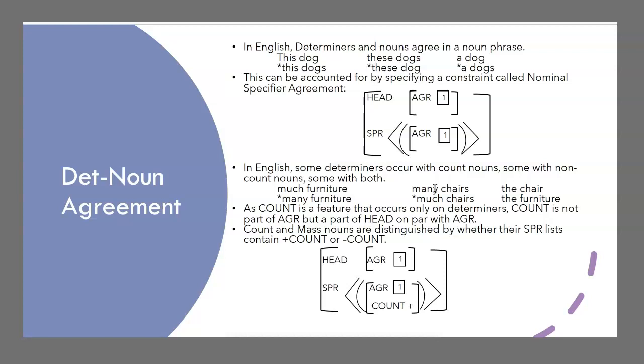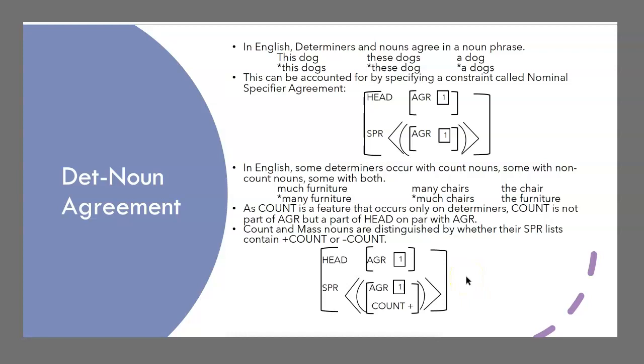In its head value, you will have count value, count plus. Okay, so that's how it matches. That's how we take care of the agreement between count nouns and the quantifiers. Is that clear to you?